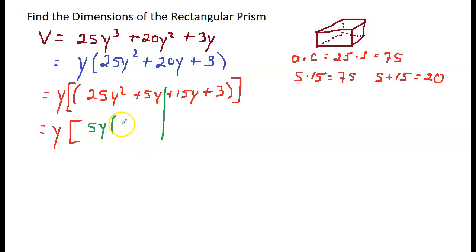Now I have a set of parentheses, which what's left is going to be 5y plus 1, since 5y goes into 5y once. From this set, I can factor out a positive 3. So 3, what's left over is going to be 5y, and 3 divided by 3 is 1, so plus 1.